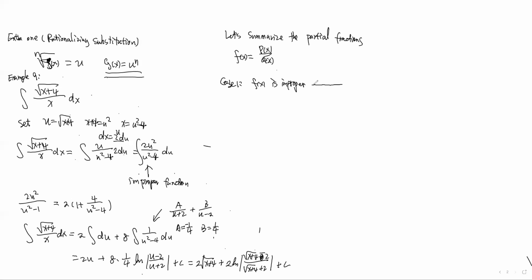So we use long division. We get f(x) equals f1(x) plus p1(x) over q1(x). This is proper, right? Or case 2: f(x) is already proper.